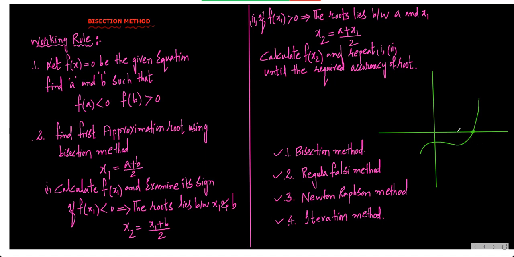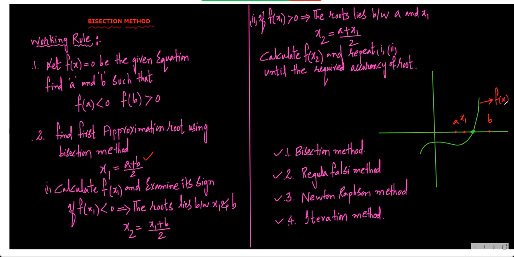Let us take one point here and one point here. We are assuming these are A and B. We take the 2 nearest points to the solution and find the average value using this formula. Suppose the average of these two lies here, then that value is called x1. We substitute it in our function, f of x.